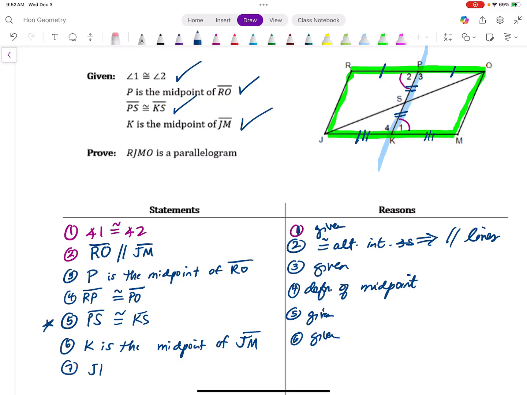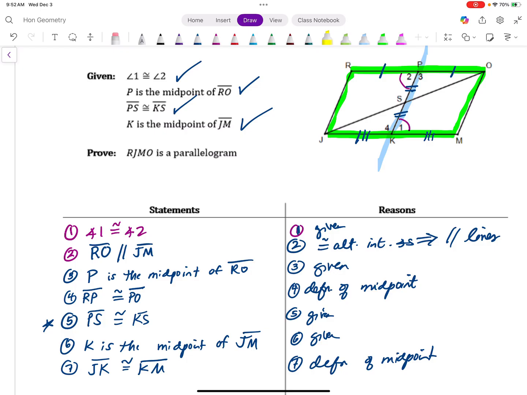I wonder if this is going to lead me to a midpoint theorem. If it is, I might have to come back and adjust this. So that's the definition of a midpoint. All right, what should we do? Oh, I see it. Those are parallel. That's 2's and 3's.